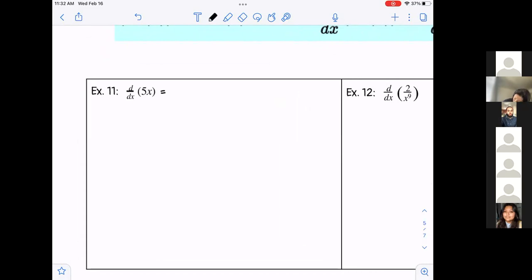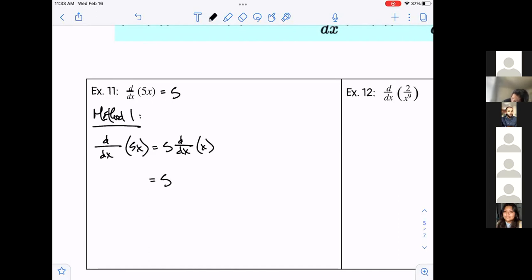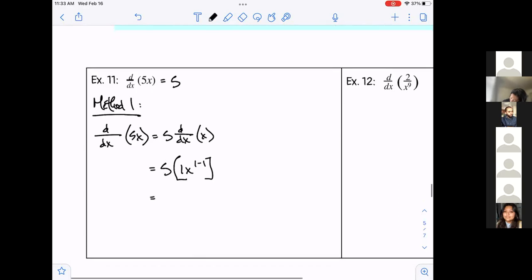So we could say that this is 5 because of method 1: the derivative of that, we can take the 5 out and then just take the derivative of x, which gives you 5 times 1x to the 1 minus 1, which gives you 5. So that's one way that we can approach this question.